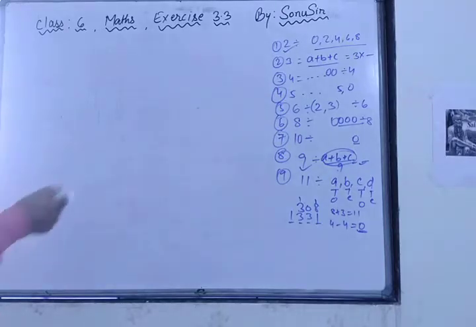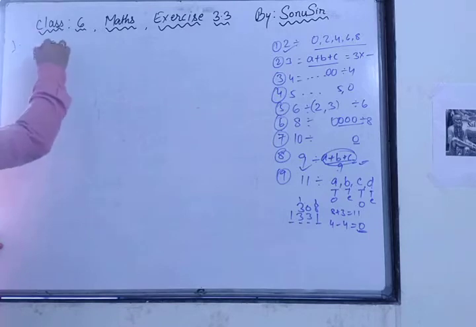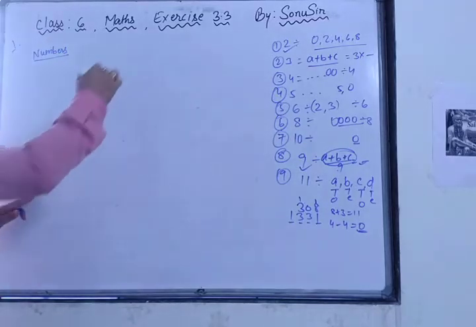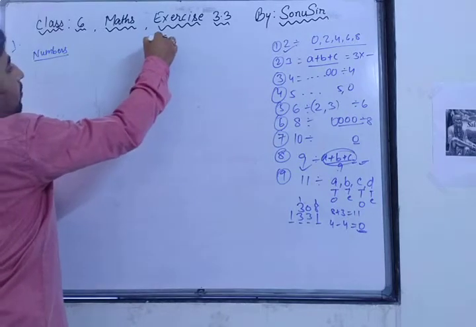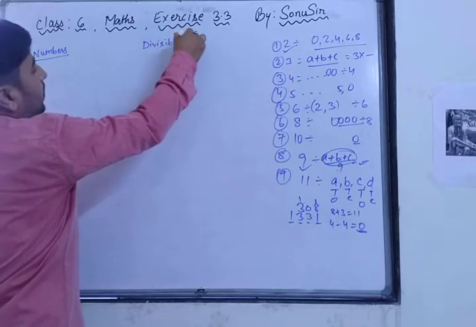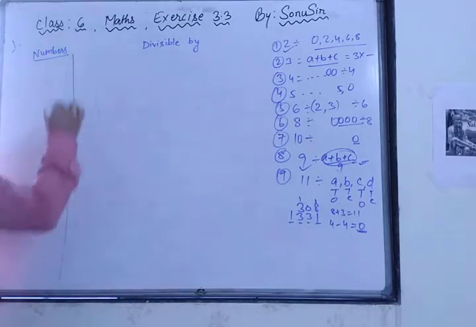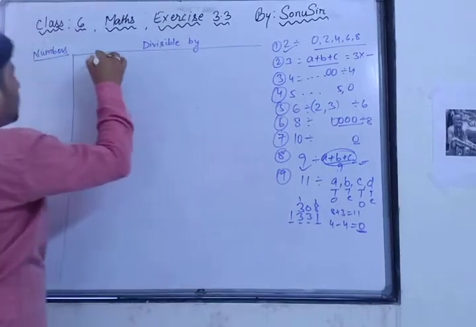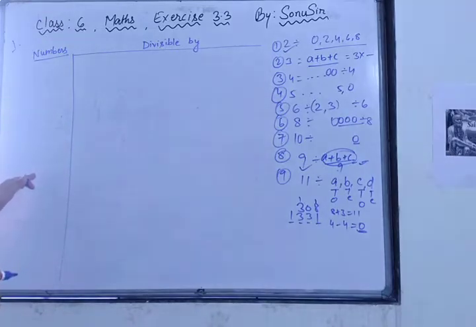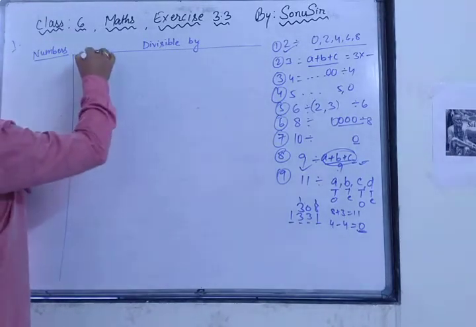Here we write the numbers, question number 1, numbers, and here divisible by, with columns 2, 3, 4, 5, 6, 8, 9, 10, 11.